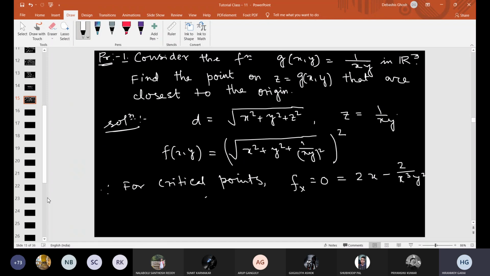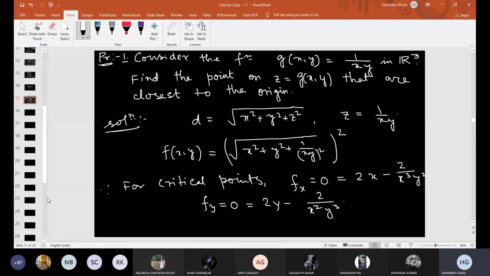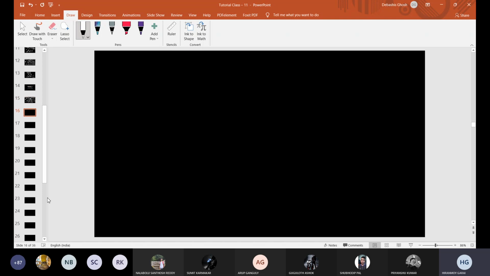And f of y equals 0, which is equal to 2y minus 2 by x square y cube. So now if we evaluate these two expressions, therefore 2x square is equal to 2 by x square y square.